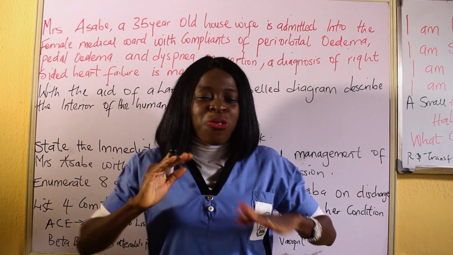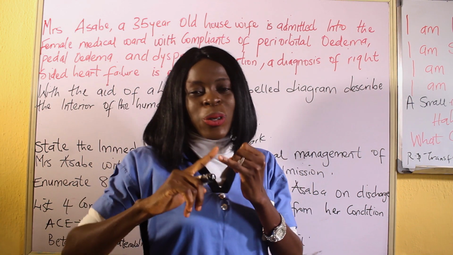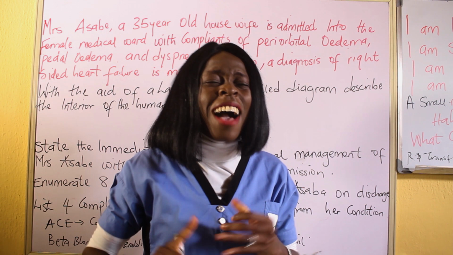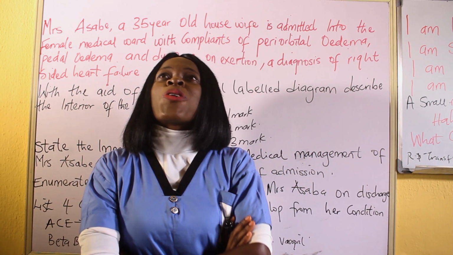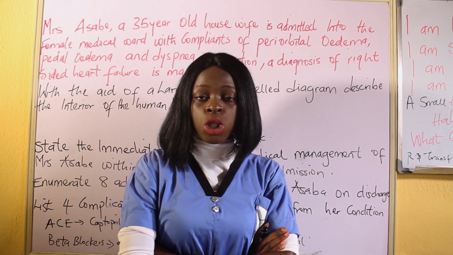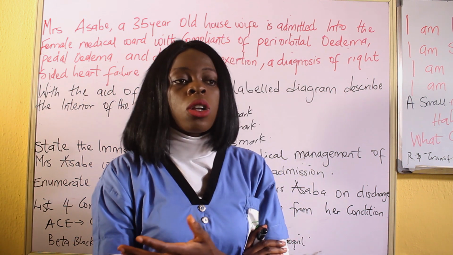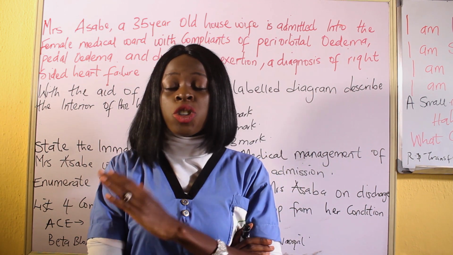So for those that have been following up with our videos, you will notice that question 2 and question 3 have been answered without you knowing. Let me tell you. Alright, I think question 2 was talking about female genital mutilation. All the questions there were answered in our female genital mutilation video.